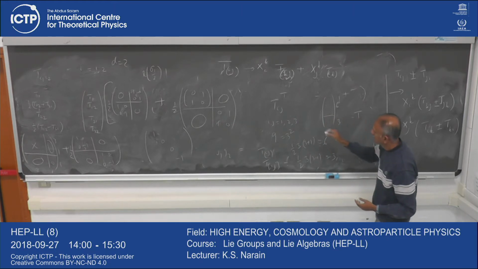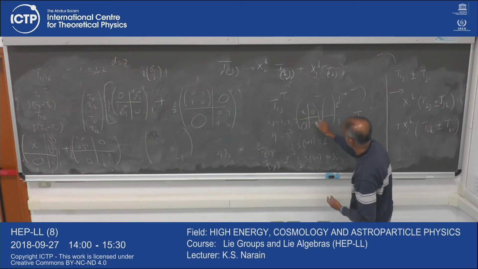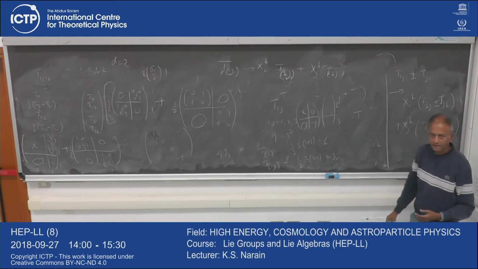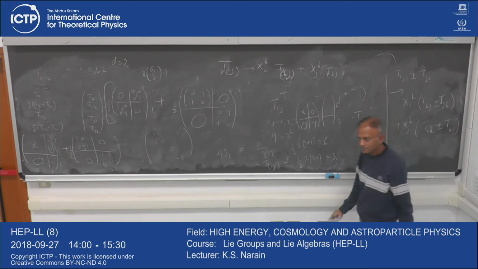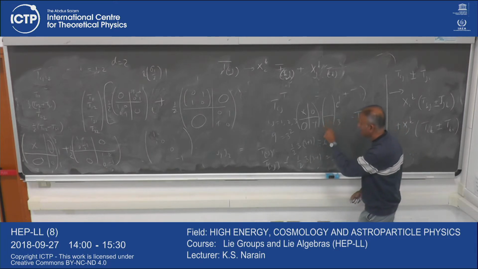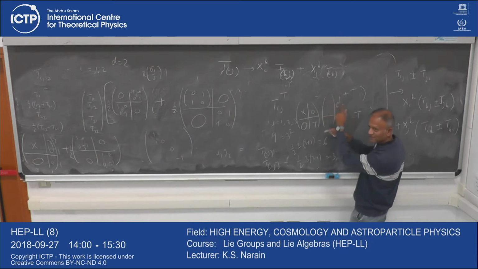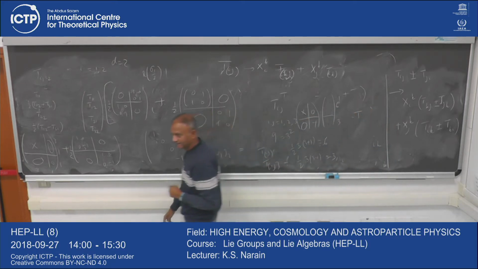In this basis, all the generators split into blocks where these off-diagonal parts are 0, and here is something non-zero, and here is something non-zero. That is the meaning of a reducible representation. So this space is invariant: if I start with a vector here and do the transformation, I will never end up there, and vice versa. So this is reducible.